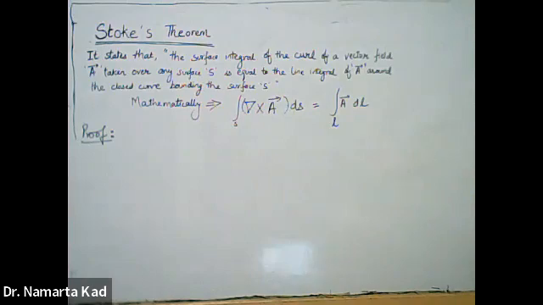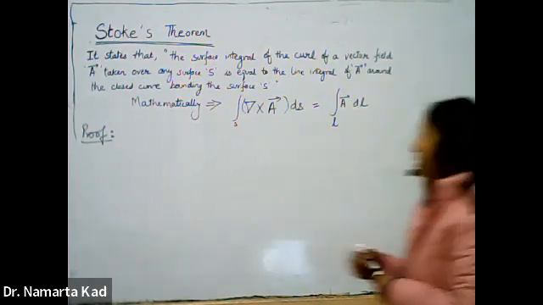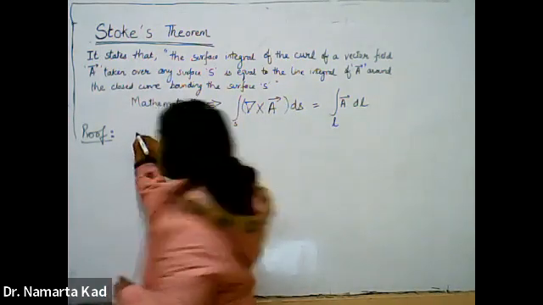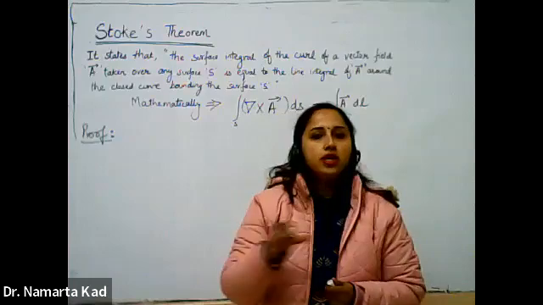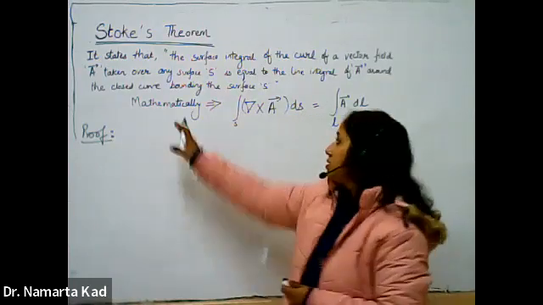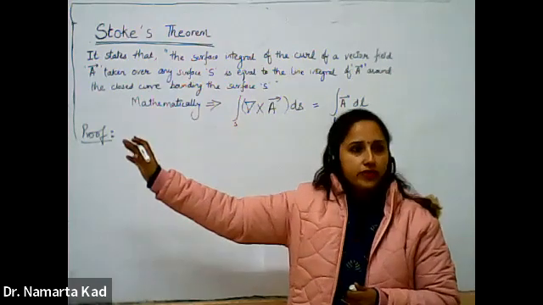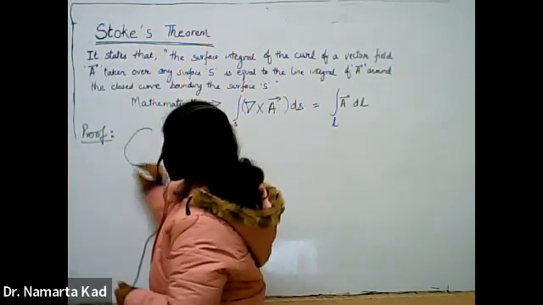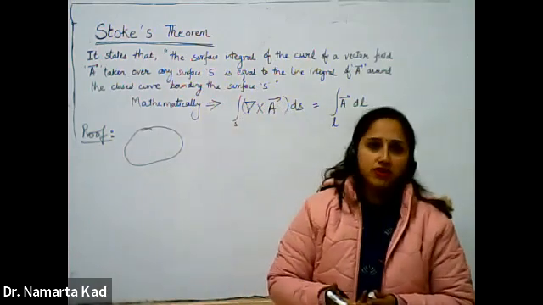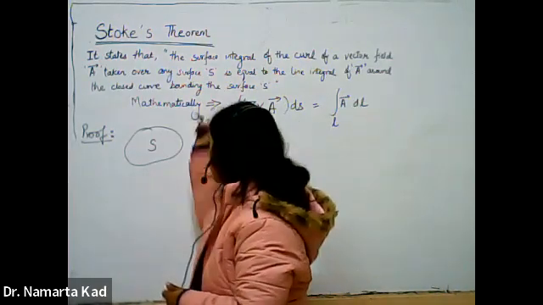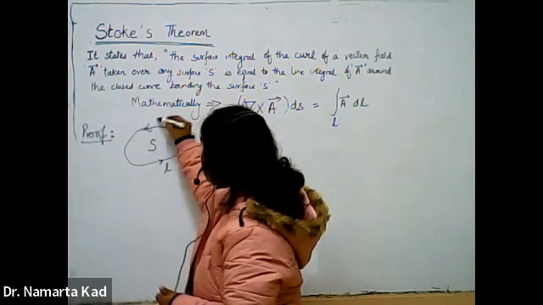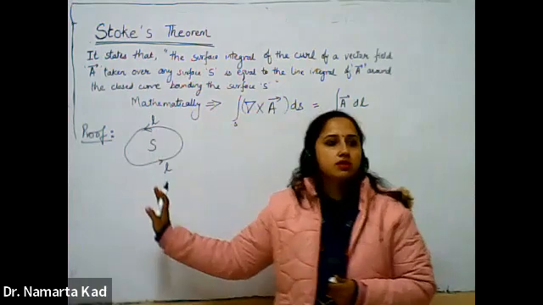Now let's start with the proof part. Its proof is almost similar to what we did in the Gauss divergence theorem. Here, consider any surface S that is bounded by the line L. I am going to draw any shape of the surface; here is the surface and here is my line that surrounds this surface.